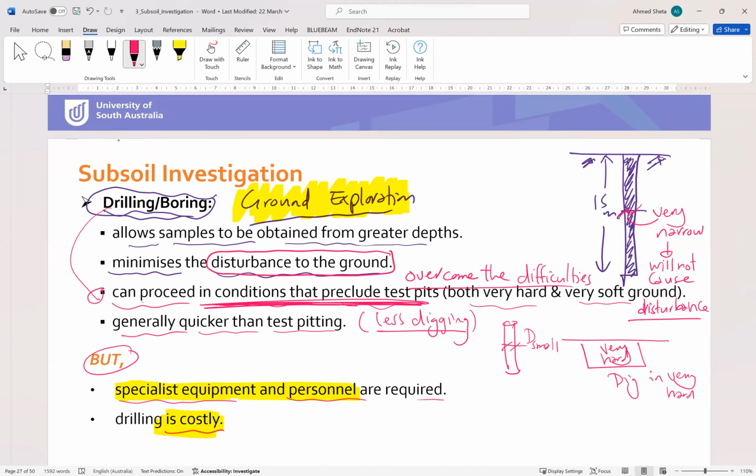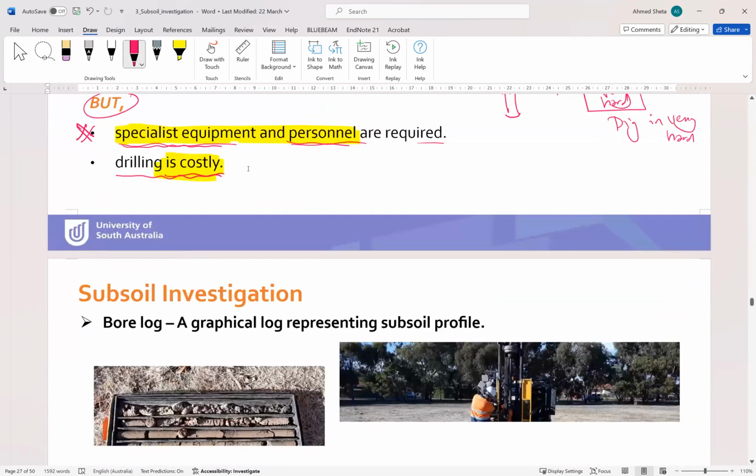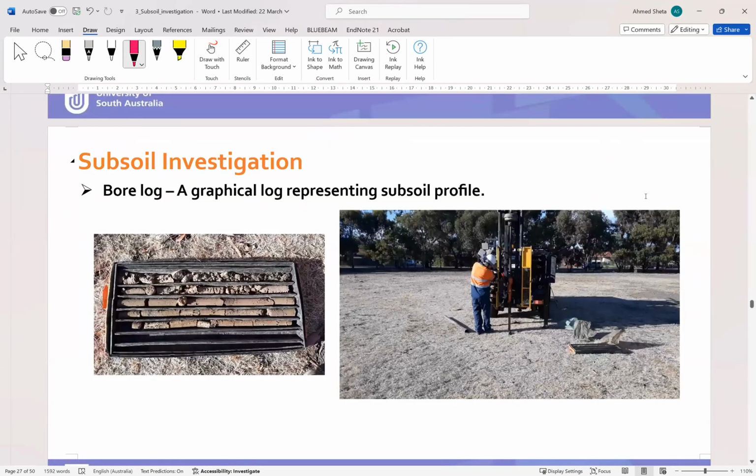This method has some disadvantages, like it needs specialist equipment and personnel to conduct the drilling, and also the drilling is costly. Today we will continue on the same topic, and we have the bore log.